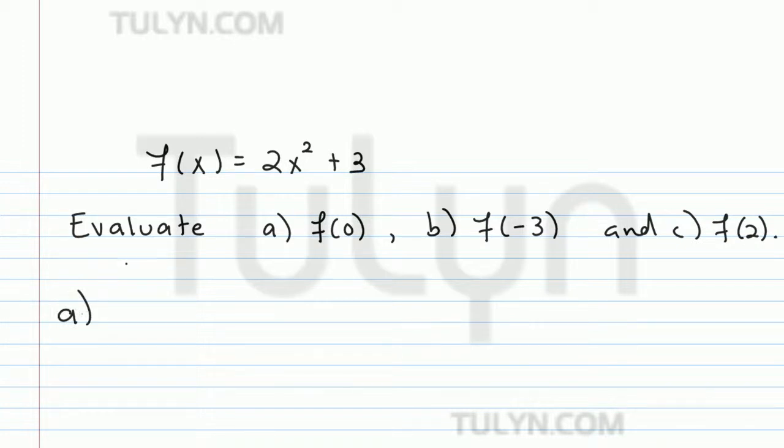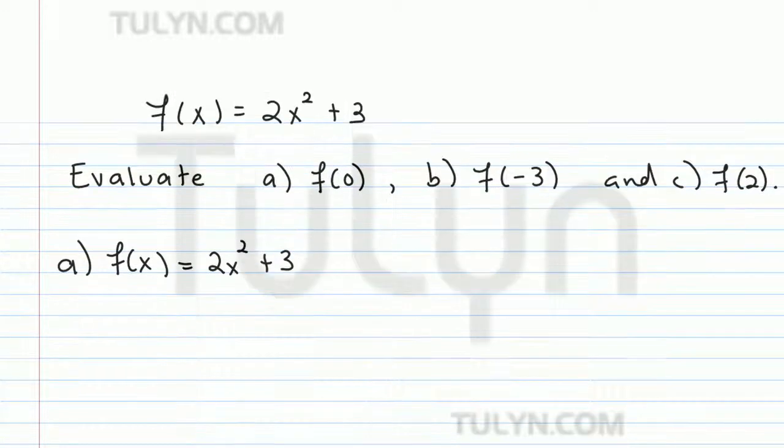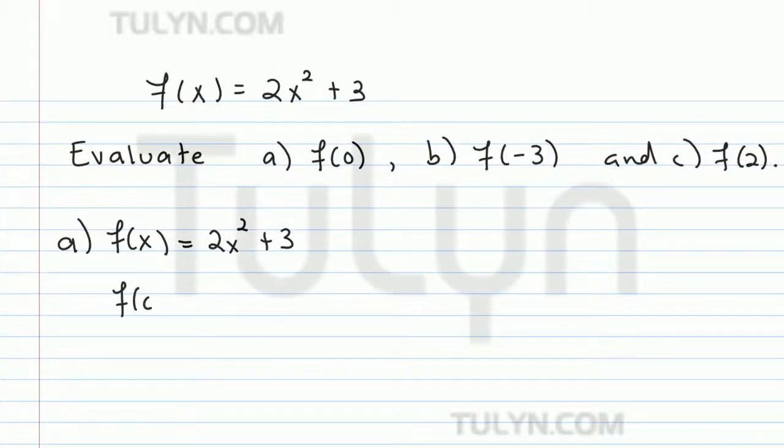So if we have f of x is equal to 2x squared plus 3, then what happens with f of 0 is that every time you see an x within the function, you replace it with 0. This notation doesn't mean that you multiply the function by 0, but that you replace the independent variable x with 0.